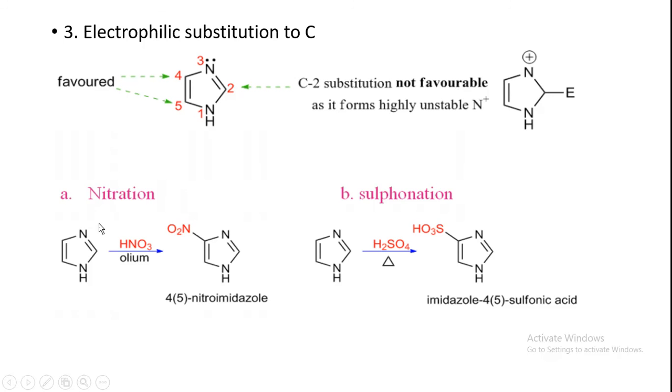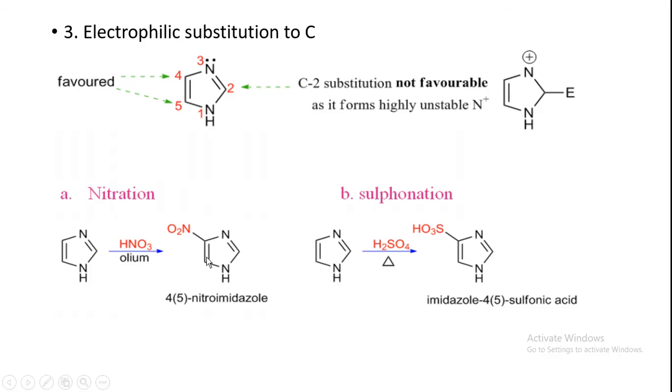Okay, so you just see the electrophilic substitution examples are nitration. So here in presence of oleum, okay, HNO3, that is nitrating agent, the nitration will take place either at 4th or 5th, so that's why it is written 4 within bracket 5th.